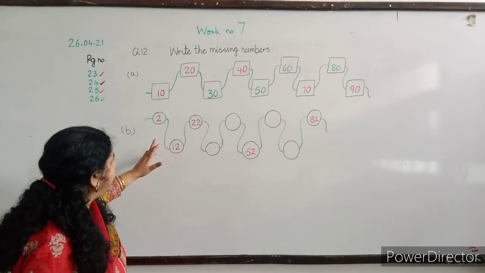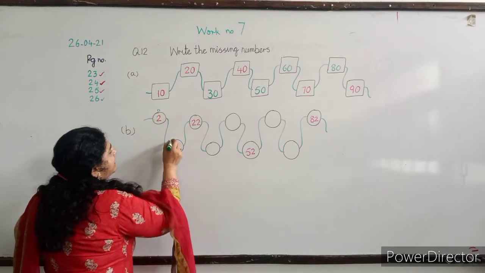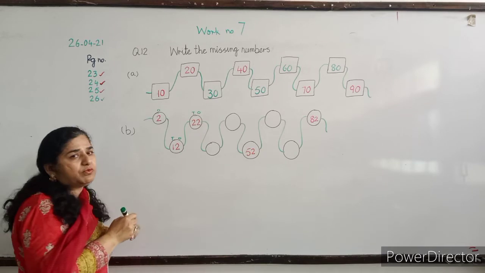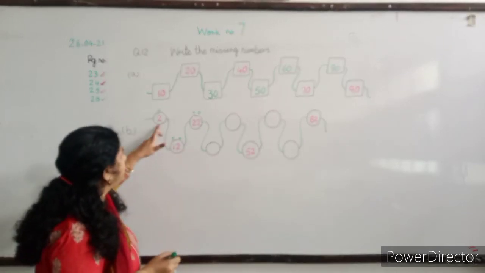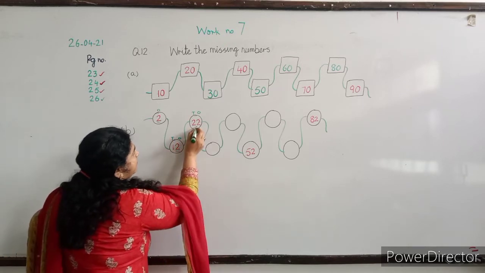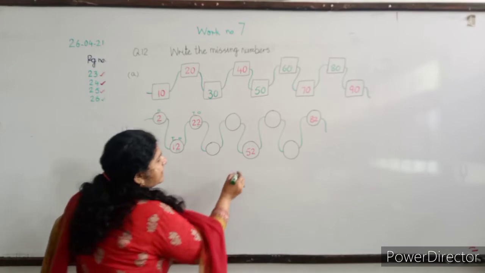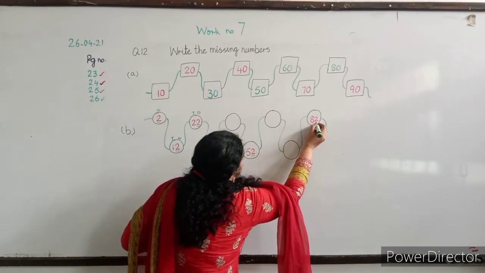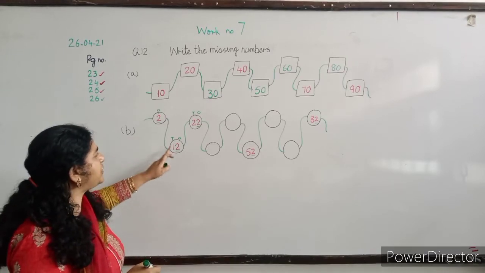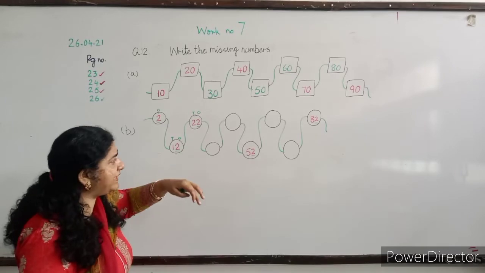It means, children, look here, it is only ones and it is tens and ones, tens and ones. See which thing is changing. 2, 2, 2. Ones are the same. Ones are not going to change. Okay? See, everywhere ones are the same. So it means we have to change only tens. We will take the jump of tens.